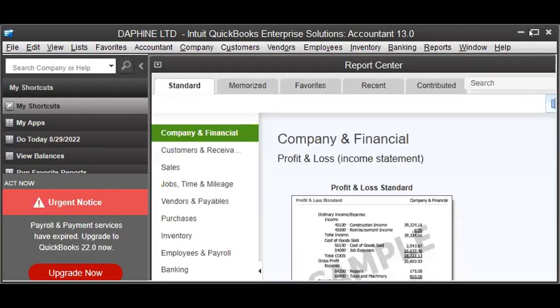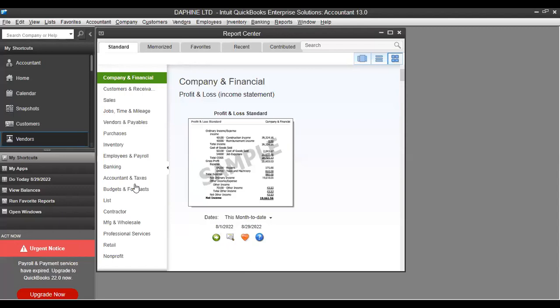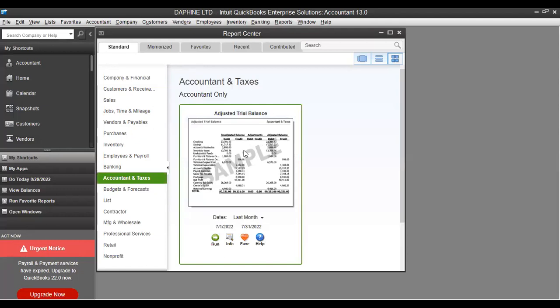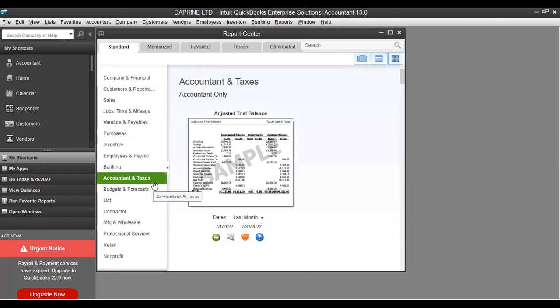Report center. So it's P&L, or you can look for journals. Journals are under accountant. Okay, you find the journals, adjusted trial balance, the journals.